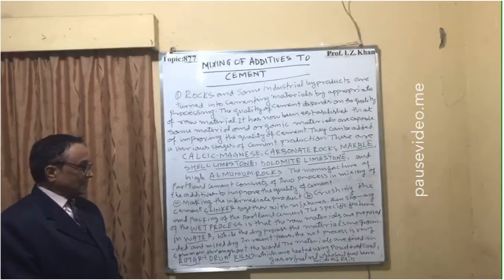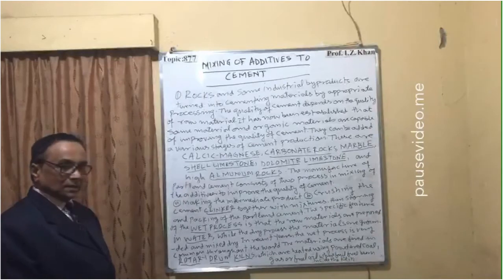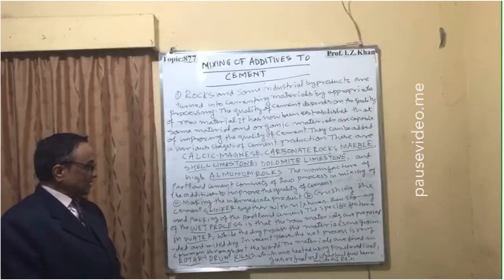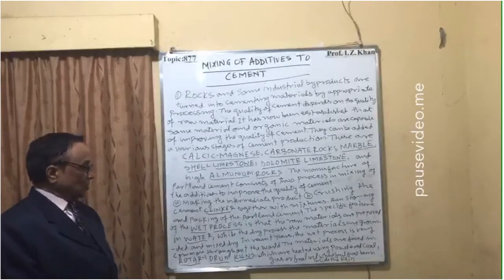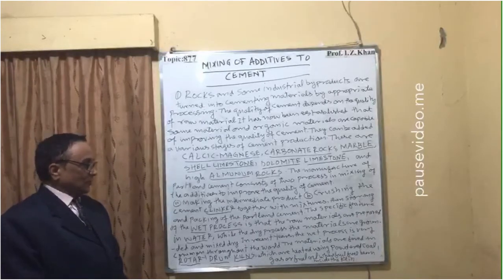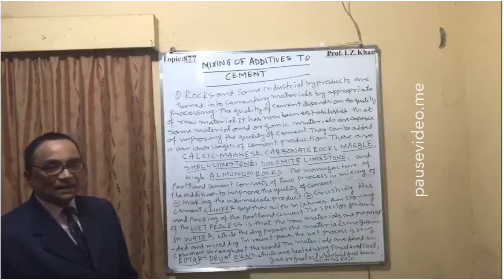The materials are fired in a rotary drum kiln, which is heated using powdered coal or gas or fuel oil, where the fuel is burned inside the kiln.